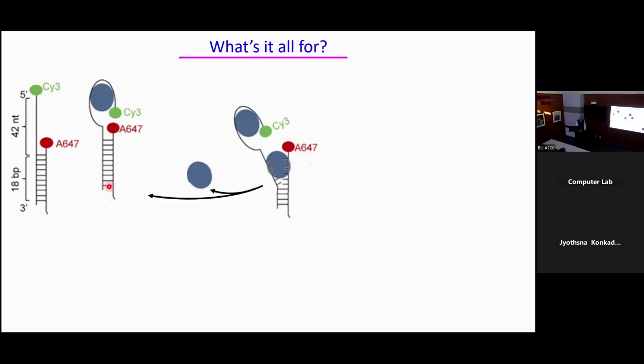And so you could get a cycle like this where you're getting multiple attempts at pulling the strands apart, but it doesn't really work because there's a reannealing, which is very rapid when the protein dissociates. So you need to do better than this to get the strands really to come apart.